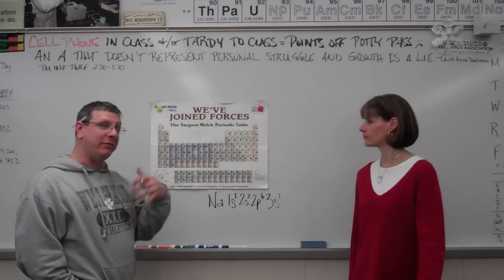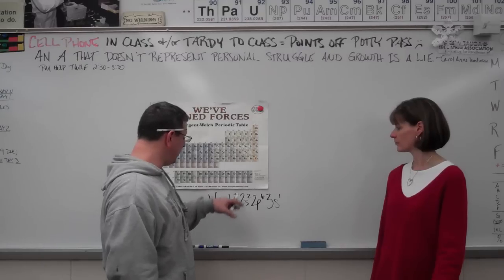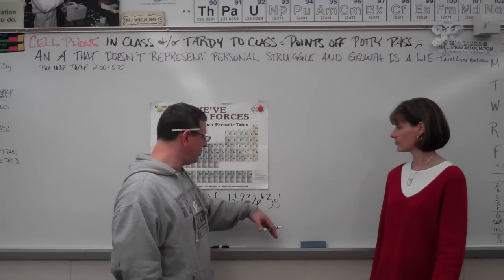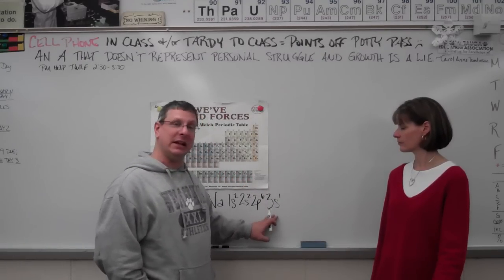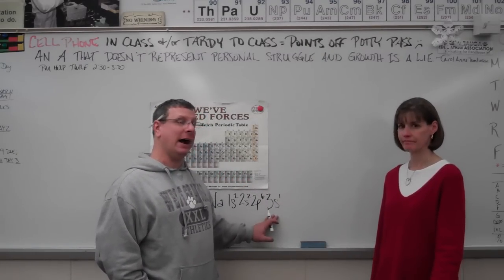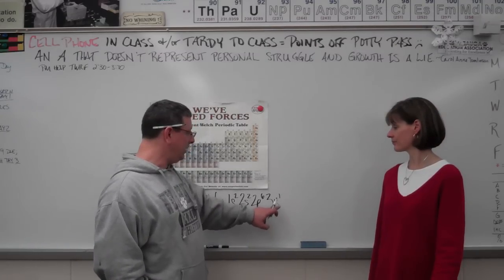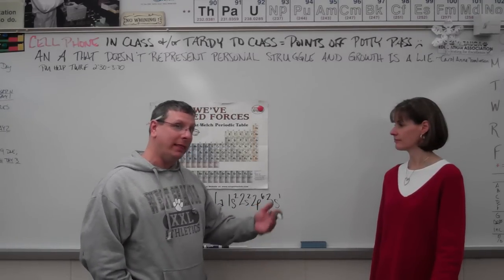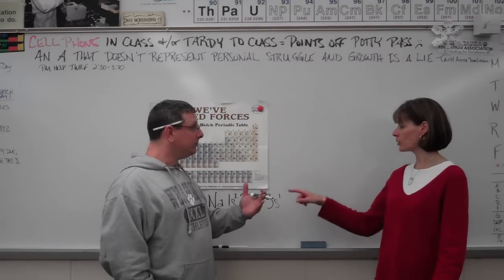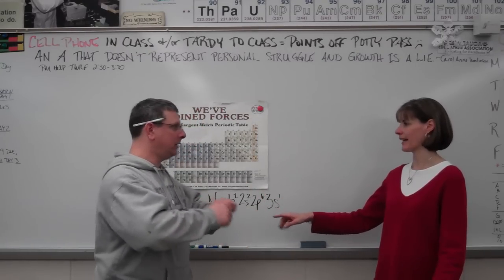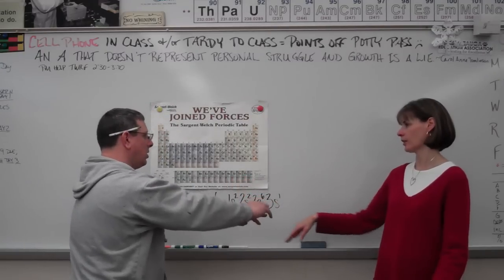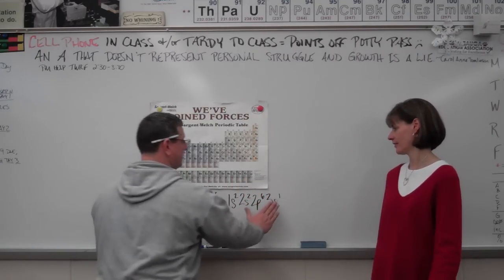Sodium is going to lose that valence electron. Here's the first energy level, second energy level, third energy level. The third energy level is the outermost, the highest energy level, and it has 1 electron in it. That's the one it's going to lose. So how would we write the configuration of the sodium ion? How would that look different than what you've got here? Show us. I would do this.